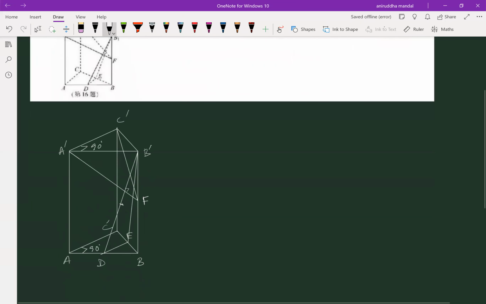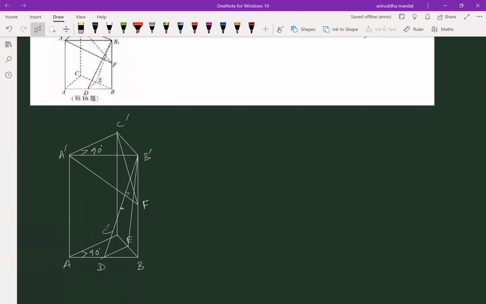To solve this, let us assume a few points for easiness. Let us assume this A as origin. So our initial point A is 0, and let the length of the base be 2 units, and the length of this side be 4 units.